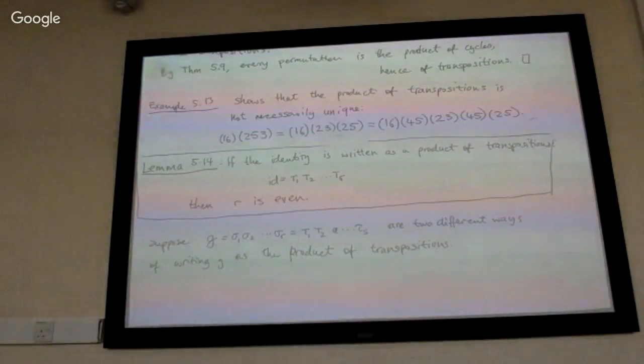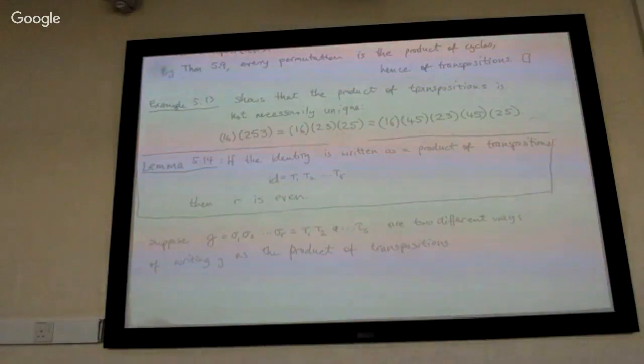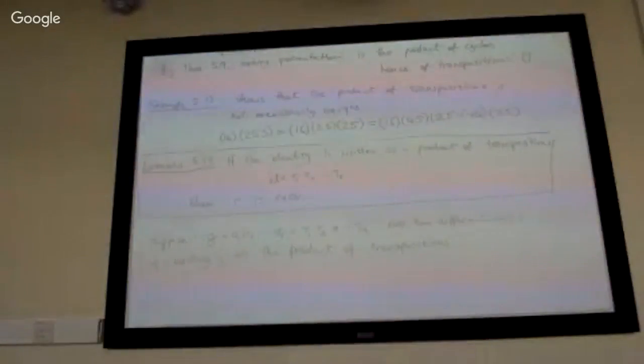But then, perhaps we have not said it: what is the inverse of a transposition?